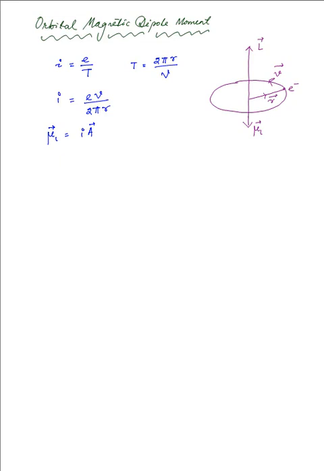But here we are speaking of the magnitude, so we'll do away with the vectors as of now. So that gives me the magnitude of the orbital magnetic dipole moment.